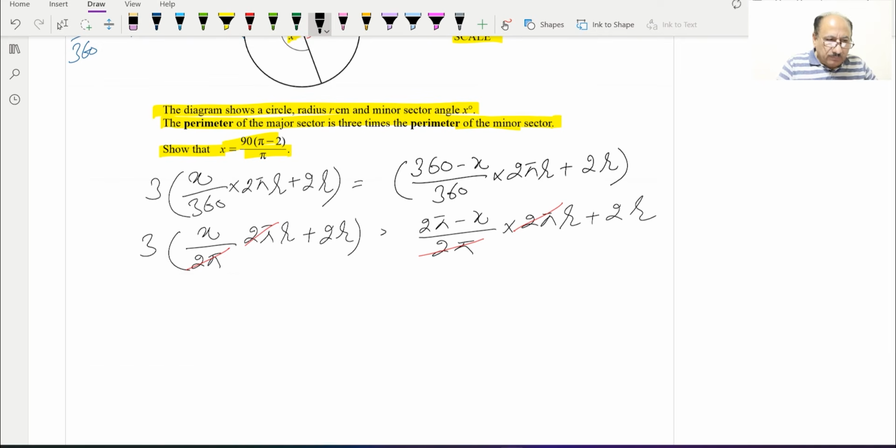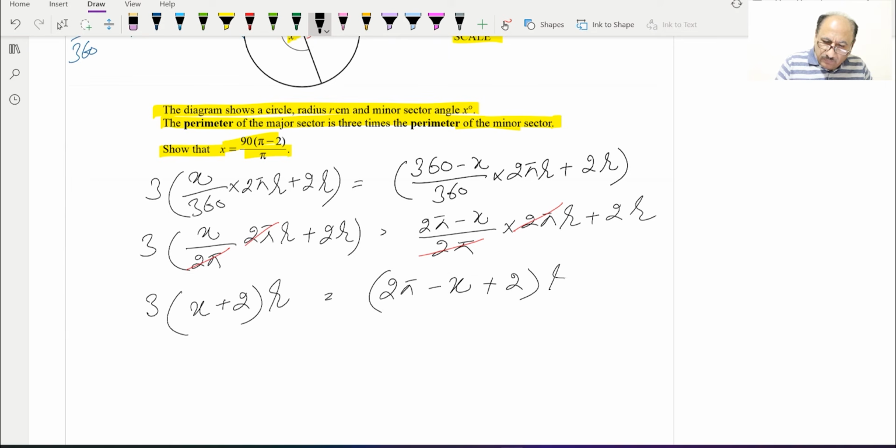equation will become 3 into x plus 2, and r we can take common, and this will be 2 pi minus x plus 2, and r we can take common from this side also, and then we can cancel r with r, and next we can open the bracket. So 3x plus 6 is equal to 2 pi minus x plus 2.